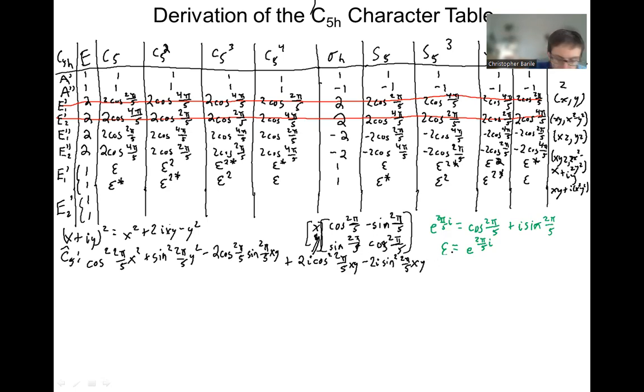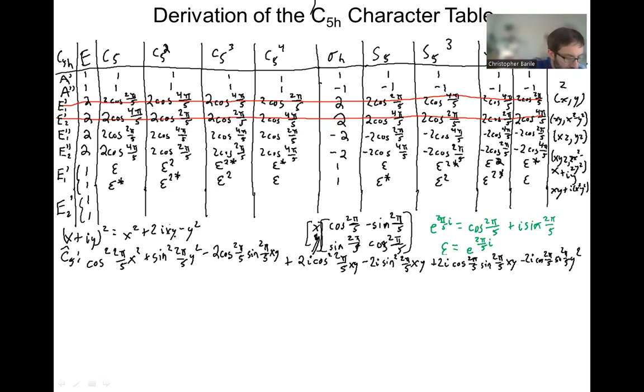So these terms go together, plus 2i cosine 2 pi over 5 sine 2 pi over 5 xy. And then we have minus 2i cosine 2 pi over 5 sine 2 pi over 5 y squared. That term is coming from these being multiplied.